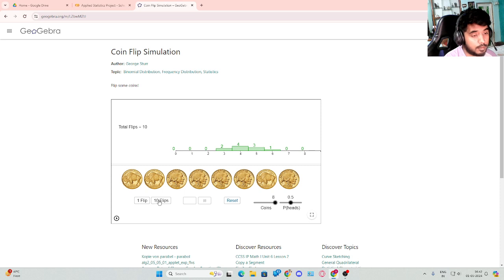But if we do a large number, then we see that it becomes uniformly distributed, and the sample mean, which is the mean that we get from the trials of this experiment, is approaching the theoretical mean, which is 0.5, near the center of all 0 to 8. So both the law of large numbers and the central limit theorem are proven by this experiment. Thank you very much.